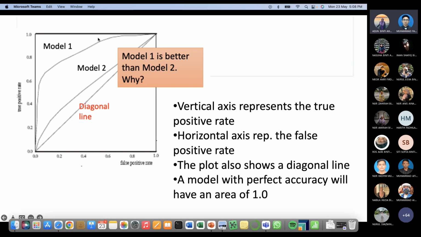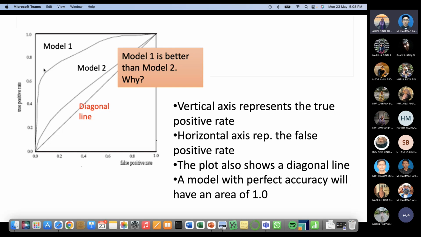Let's look. For example, we have two models here, model 1 and model 2. We can assume that model 1 is better than model 2. Why? Look here, the y-axis is the true positive rate.